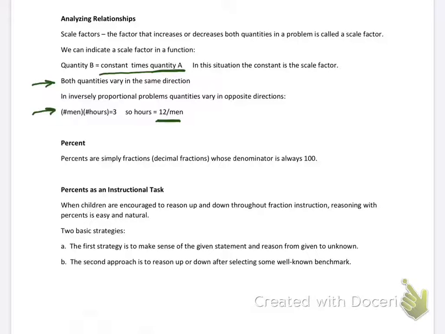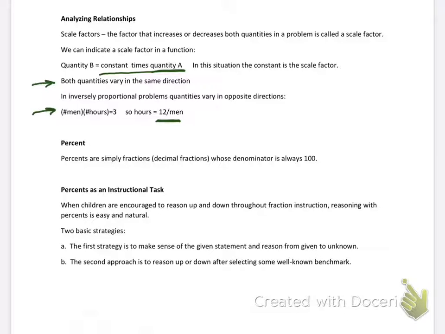So just make sure you understand that, and that the direction is going to be individualized to the problem. So make sure you understand what they're telling you, and make sure that your students always think, now wait, is this inverse or is this directly proportional?